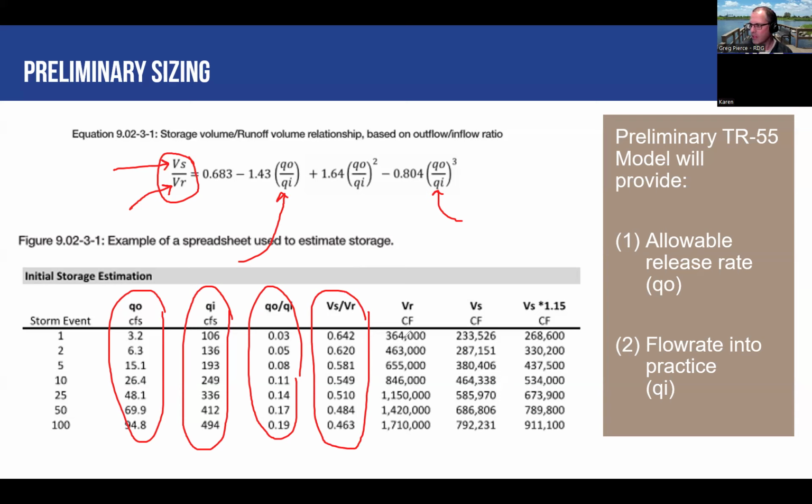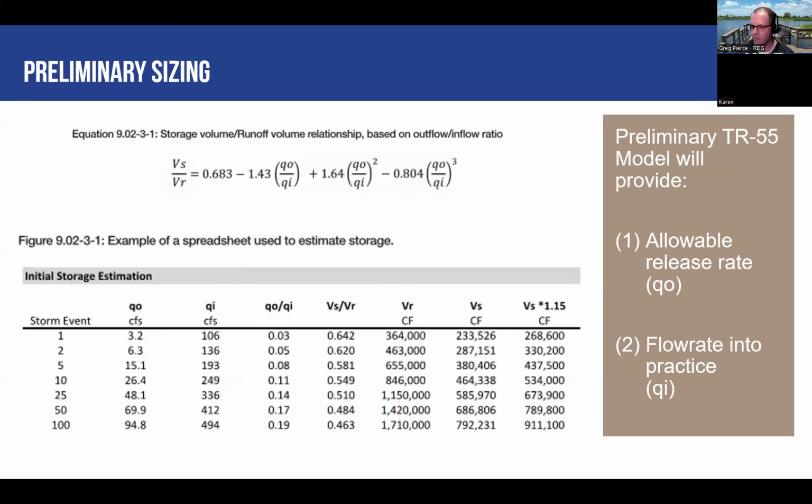And then by knowing your runoff rates and runoff volumes from your models, you can basically just multiply that out and get how much storage you need. What I typically have seen using this method is that sometimes it underestimates the amount of storage you might actually need. So I usually recommend adding about a 15% correction factor to account for those effects.